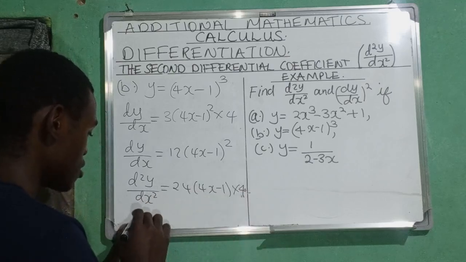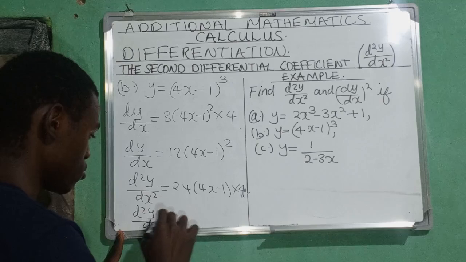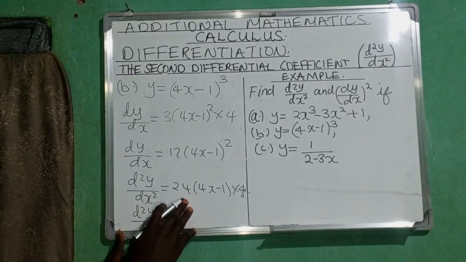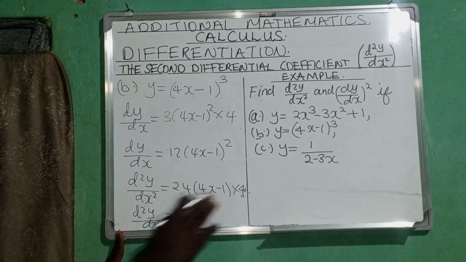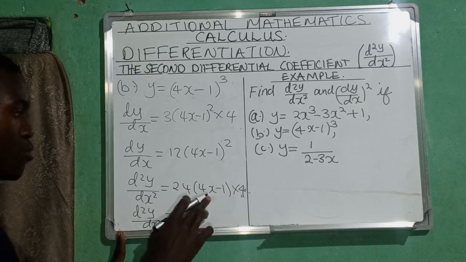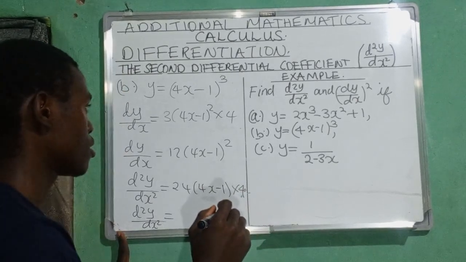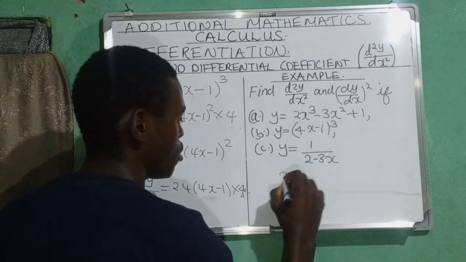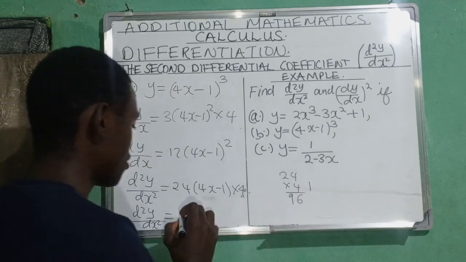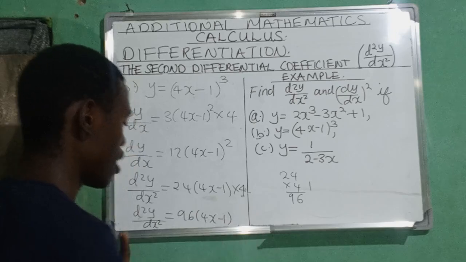And then your final answer for d2y/dx2 will be equal to 24 times 4, because the derivative here of the core is 4. So this gives us 24 times 4, 96 multiplied by (4x minus 1), like that.